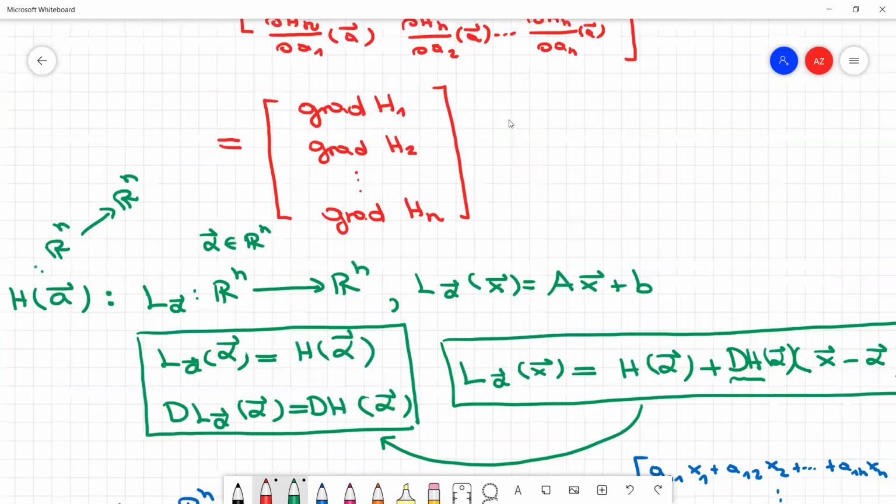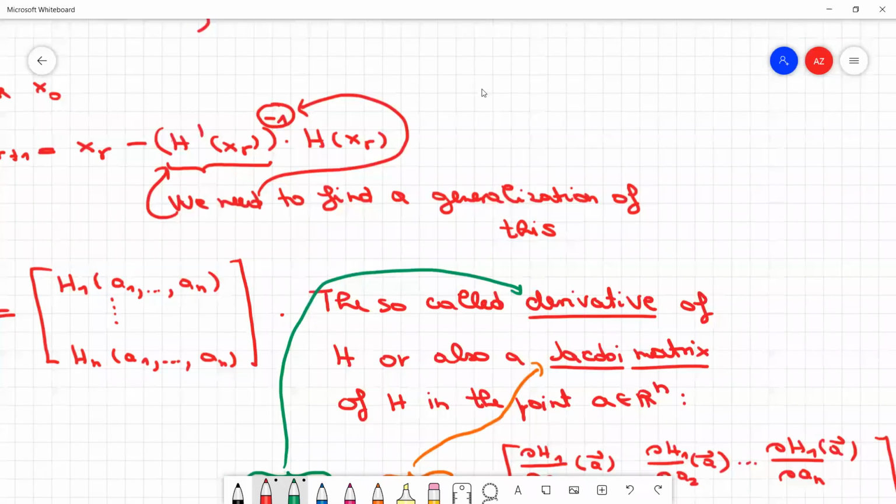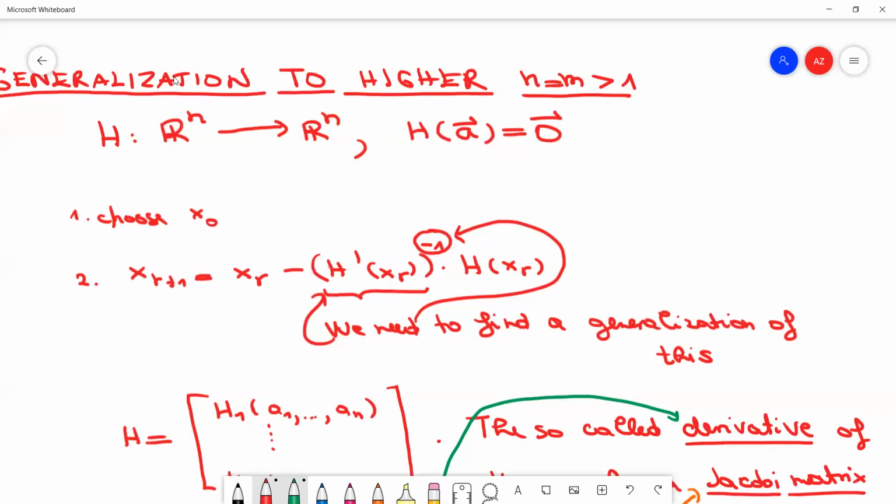So in our algorithm, the generalization of Newton's method, we already know what to take instead of this derivative. We take the Jacobian of h, and since this is an n by n matrix, we can really calculate its inverse. So this minus 1 is the inverse, and this is the Jacobian matrix.